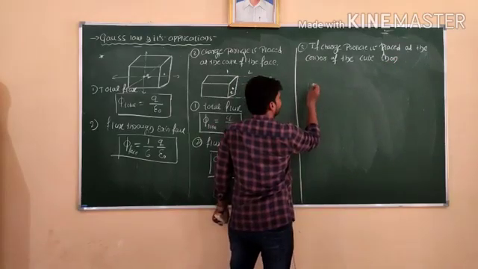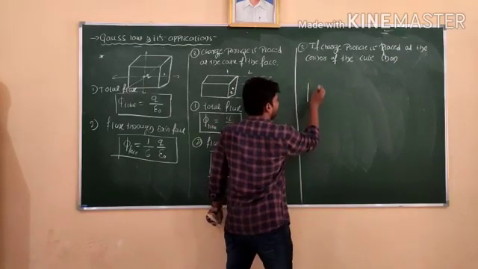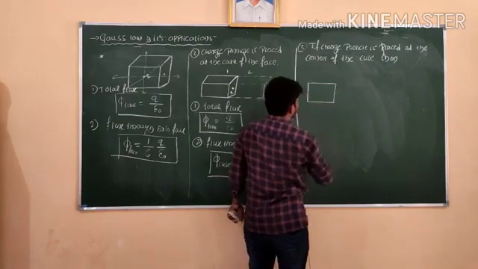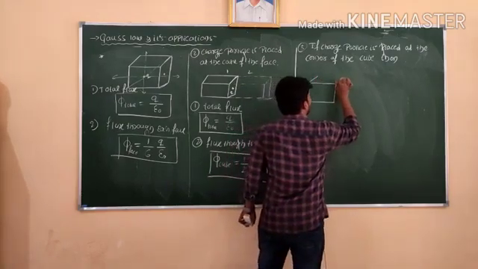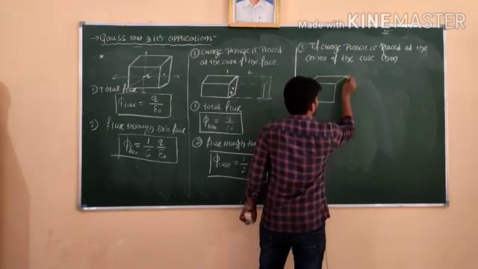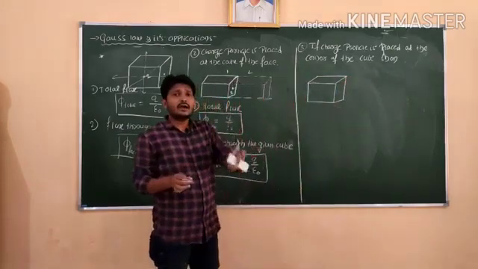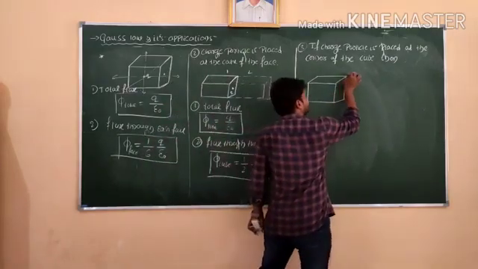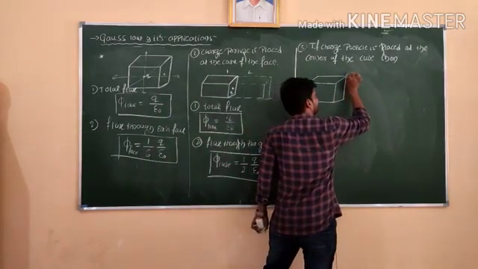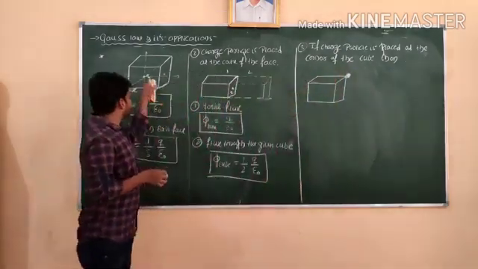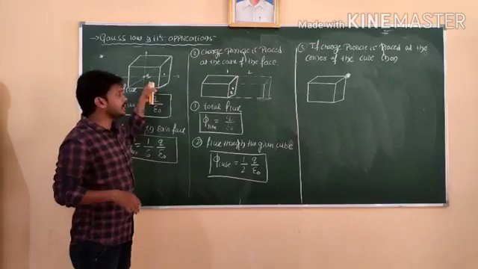I will consider one charge particle placed at the corner of the cube, and here this is the position of the charge particle. In the first case I considered the charge particle at the center of the cube.